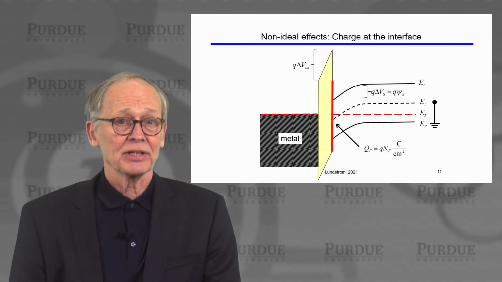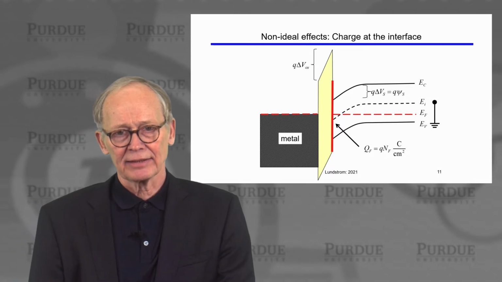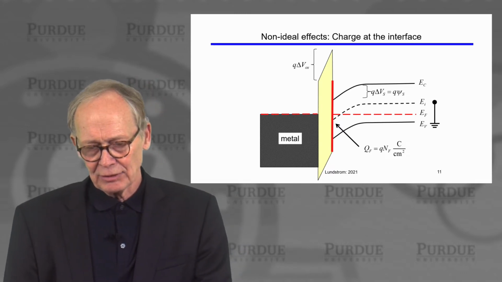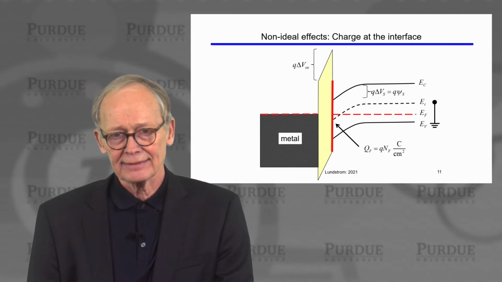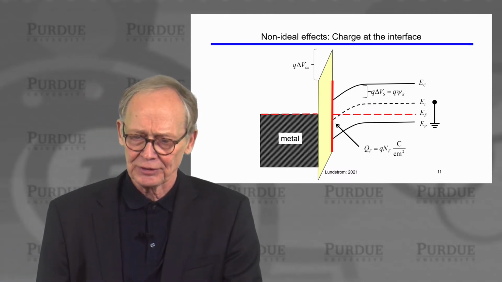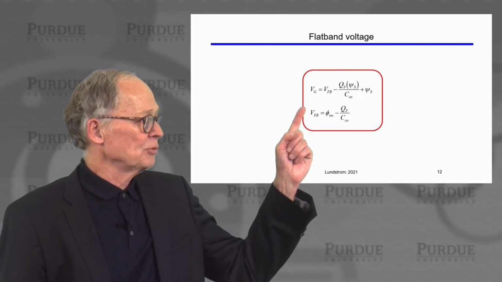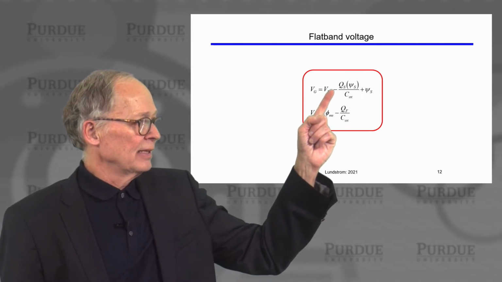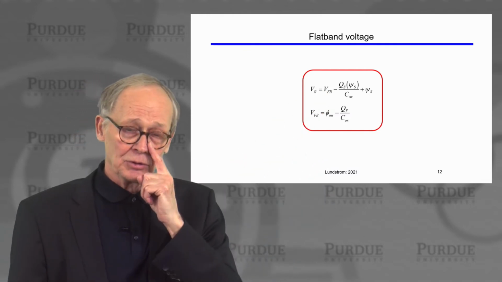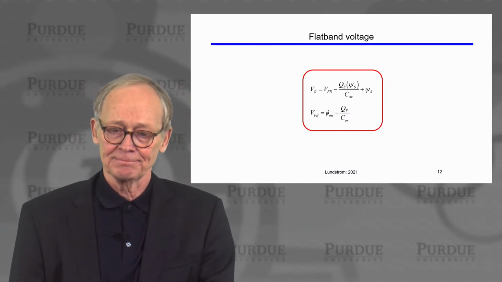Now, something else can occur. There is often a sheet of charge at the oxide-silicon interface. In the SiO2 silicon system, that tends to be a positive sheet located very near this interface. And we have to account for that too. So the actual gate voltage is shifted from the ideal gate voltage by the flatband voltage, which no longer appears at zero gate voltage.